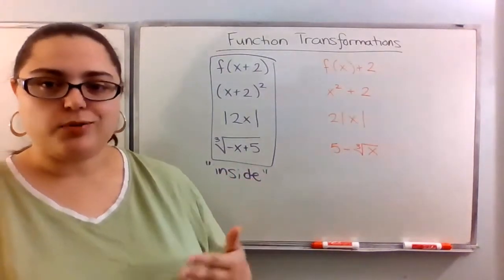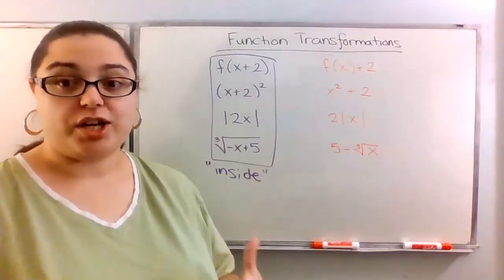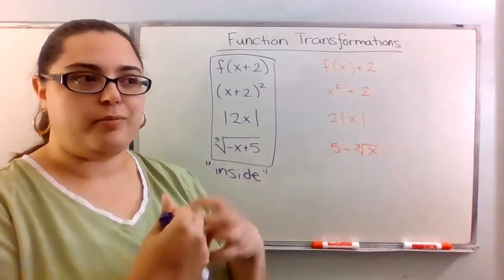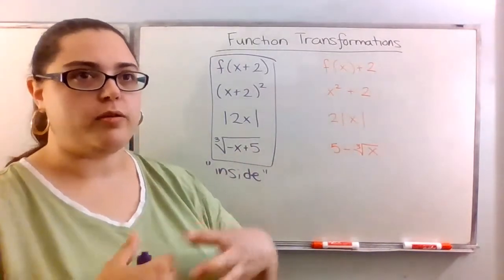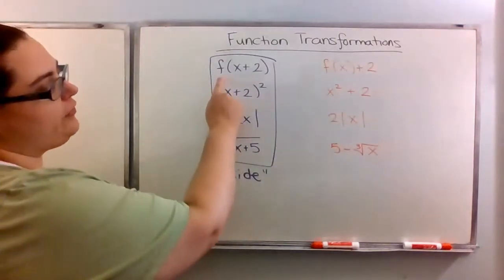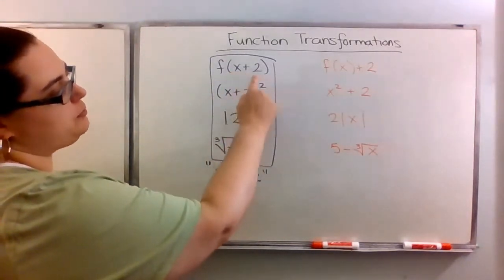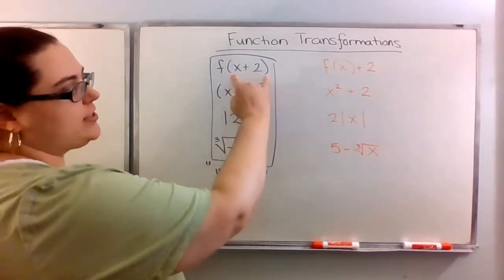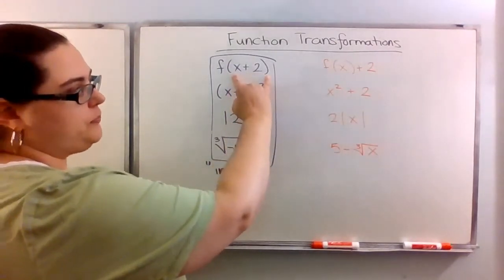This means that anything we're doing to shake up or change the basic or root function is happening inside the function itself. It's happening before the main action of the function. So for example, here we have f of x plus 2. This plus 2 is happening inside those function parentheses. So that's an inside transformation.